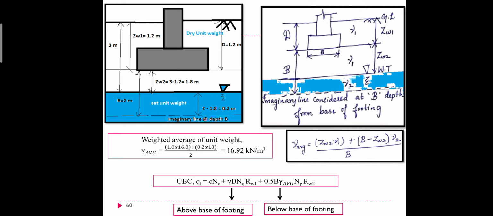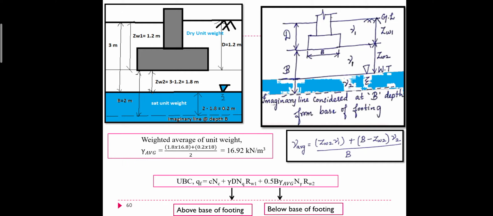When you substitute in the gamma average formula, you get 1.8, the dry portion, into the unit weight 16.8 given in the question, plus the wet portion 0.2 meter into the wet portion unit weight 18, divided by the depth you have considered, that is 2, which is equal to 16.92 kilonewton per meter cube.